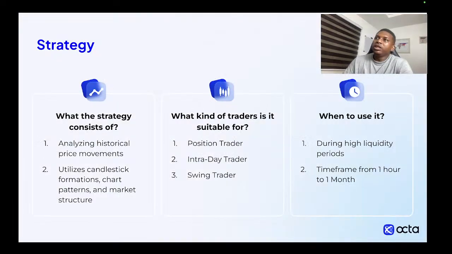Now, this strategy is focused on analyzing historical price movement, utilizing candlestick formation, chart patterns, and market structure. Now we might ask, what kind of trader is this suitable for?